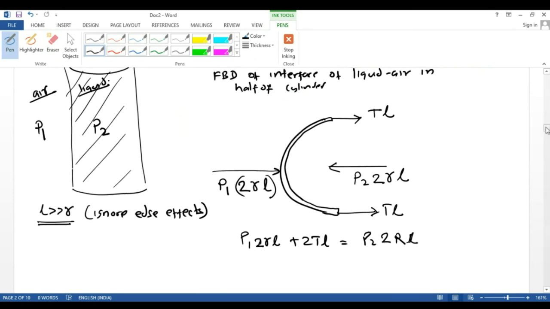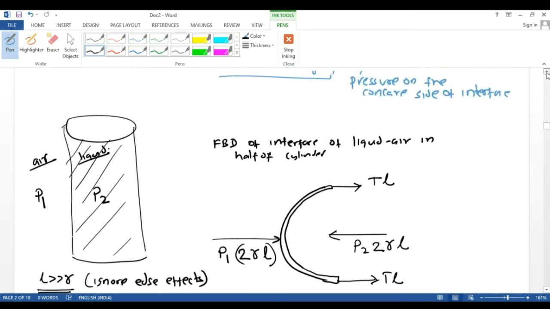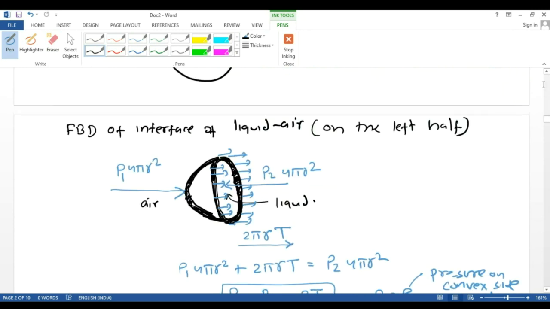So you must understand why we are taking the projected area. Even in the previous case, I'll remind you, we had taken the projected area. This is something which we had done in fluids: the resultant of all these forces due to the pressure of whatever is outside, air or liquid, is not going to be P1 into the total surface area. It is going to be P1 into the projected surface area.